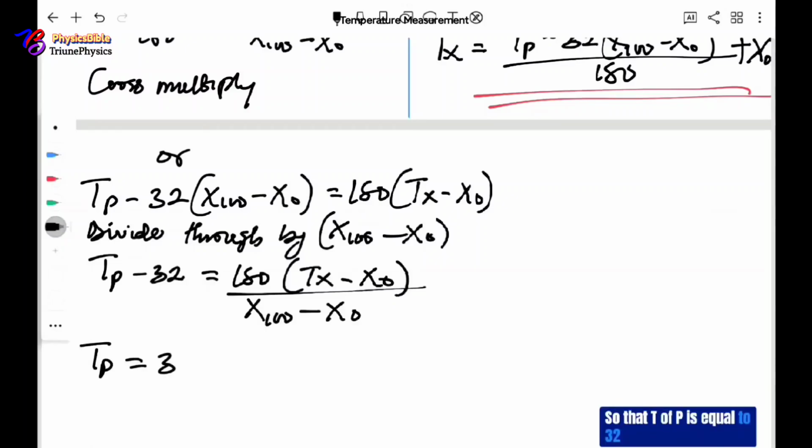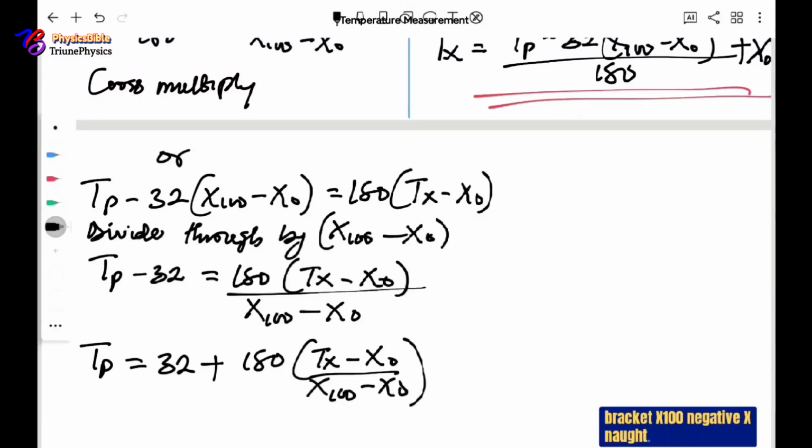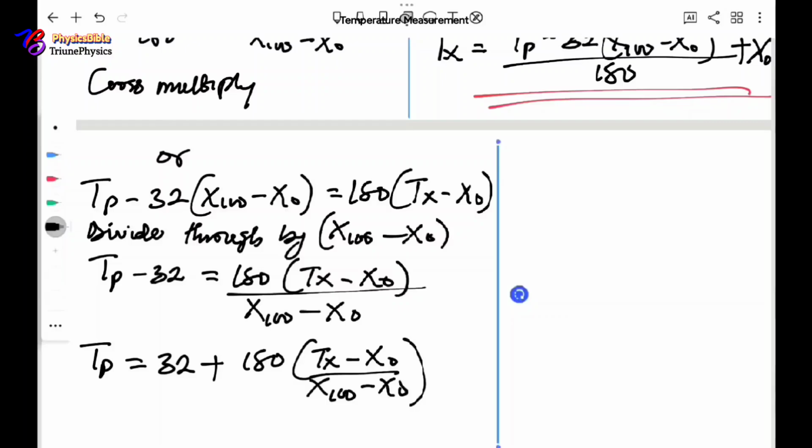So that T of F is equal to 32 plus 180 into T of X minus X naught divided by, close this bracket, X 100 minus X naught. Is that clear? Please, all in brackets.